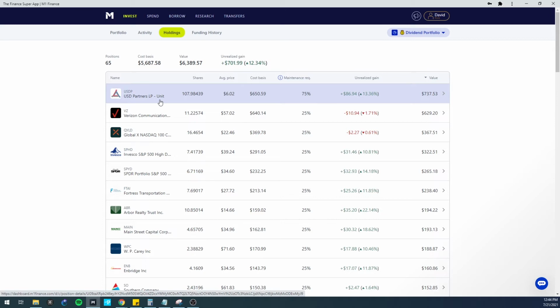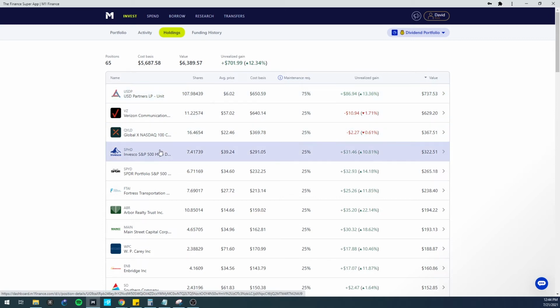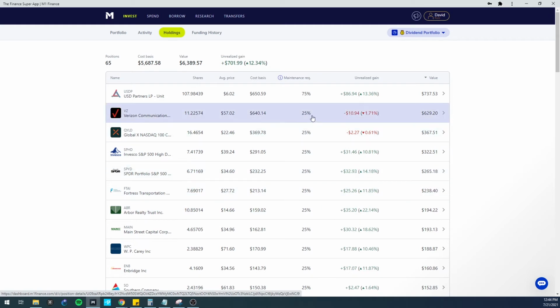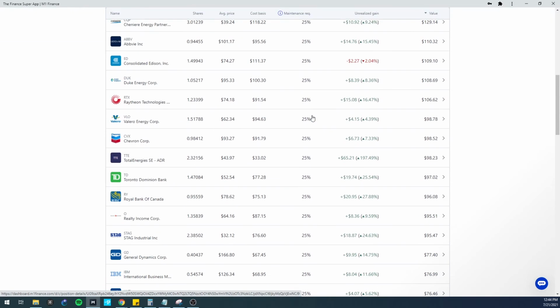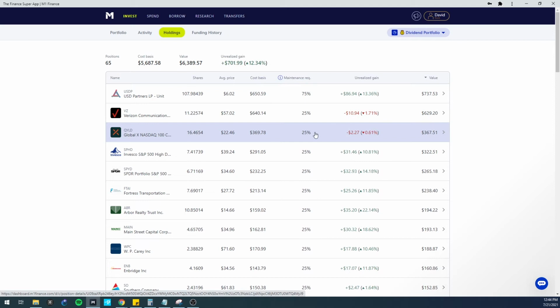With a lot of bigger cap stocks, those stocks will only have a 25% maintenance requirement. And that is the brokerage saying how risky that investment is. Because if you miss a payment, or if you don't pay back the borrowed amount, they'll start selling off your positions until you get that payment.